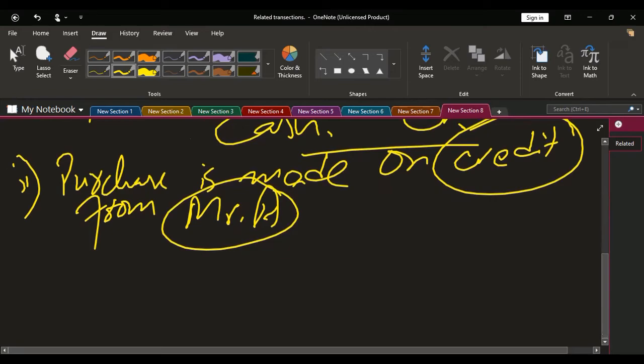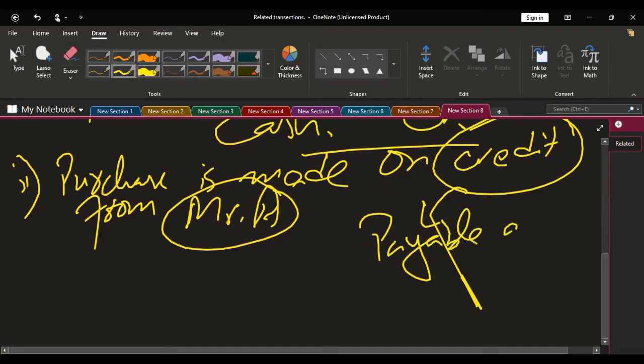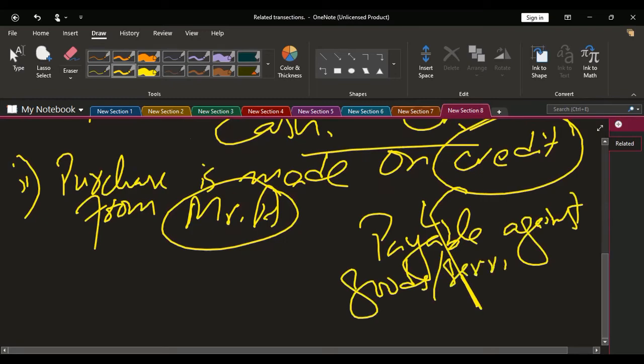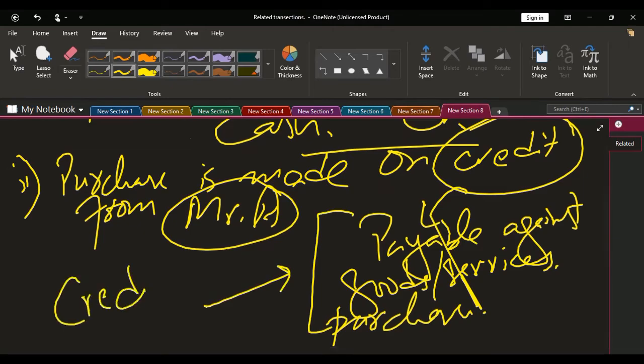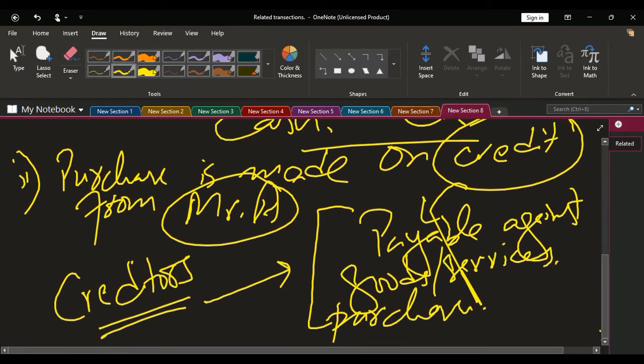If any amount is payable from us against goods or services purchased, then we are the creditors and will need to pay the vendor at a future date.